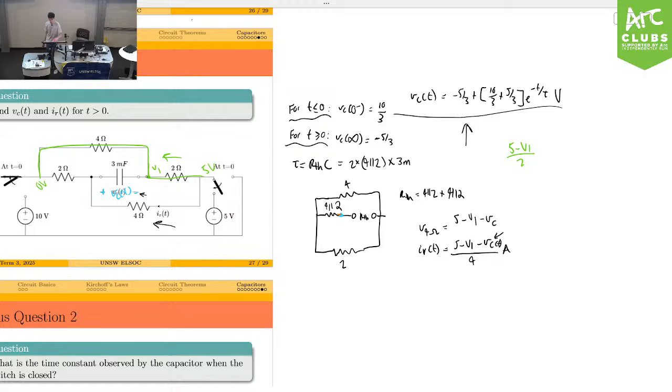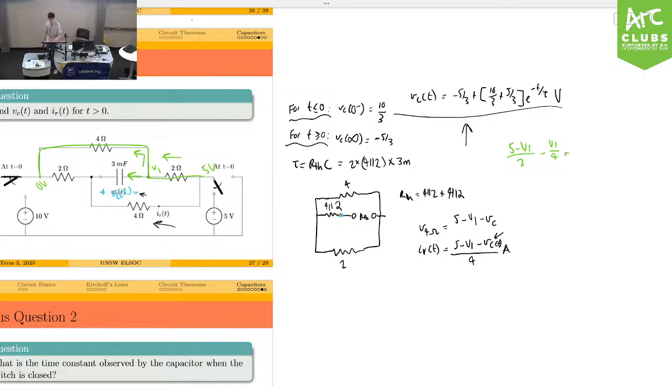Let's just say that all currents going into a node are positive and all currents going out of a node are negative. So this current going into the node is positive, this current going through there is negative, and this current here is negative. So this top one is going to be minus V1 on 4, because it's going from V1 to 0.